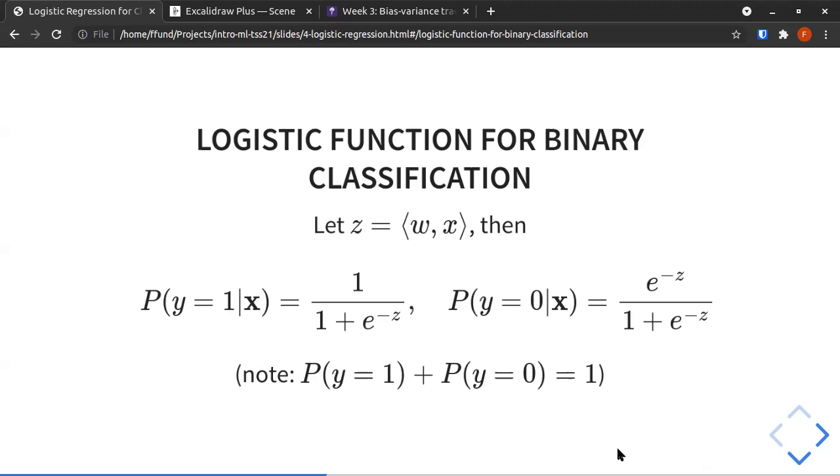Now, once we output this probability, the output of our model is not going to be a 0 or 1. It's going to be a value from 0 to 1 that represents the probability of belonging to the positive class. Now we need to turn it into a hard 0 or 1 label.